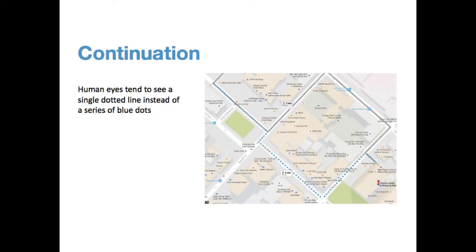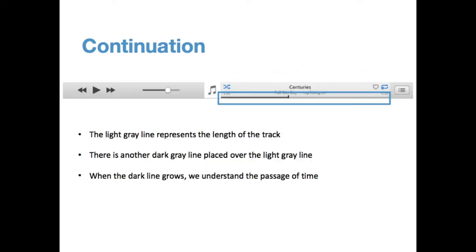Something like when you go for a map visualization, you can see the human eye tends to follow the road, tends to follow the single dot. So continuation is another Gestalt principle to help you in designing user interface.